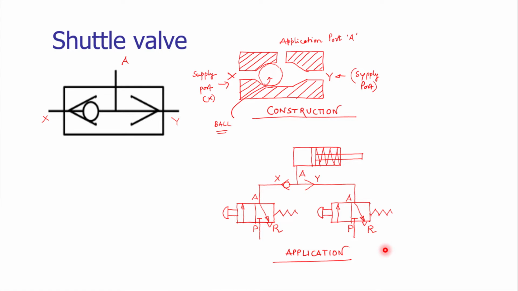When valve B is operated by a pressurized fluid or compressed air at a different pressure, that is given to port Y, and through port Y it is applied at the piston cylinder arrangement. Note that this is a single acting cylinder, the forward stroke being controlled by two different valves. The return stroke is given by the spring force itself.